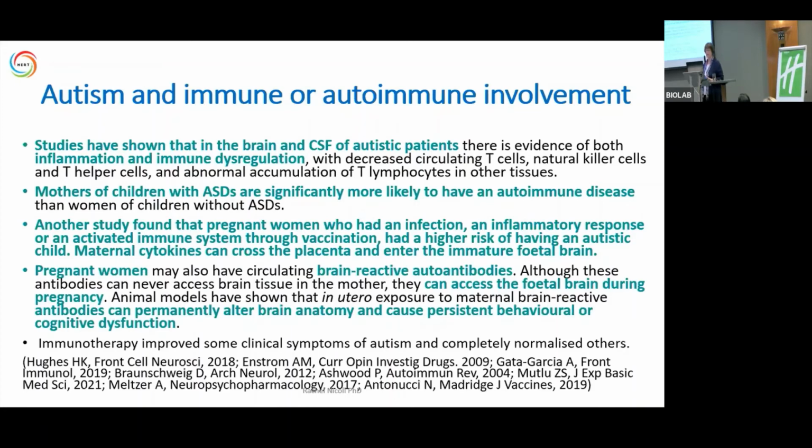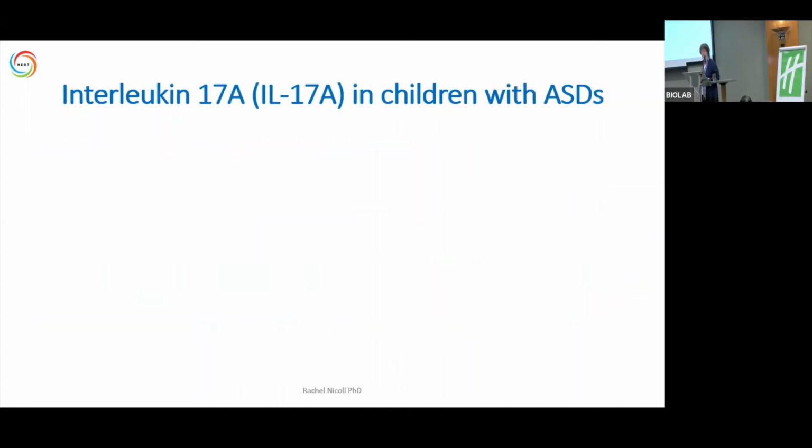Pregnant women can also have circulating brain-reactive autoantibodies. So these may not affect the mother, but again, they can access the fetal brain. And in animals, these have been shown to permanently alter brain anatomy and cause persistent behavioral or cognitive dysfunction. And the suspect cytokine, or culprit cytokine, I should probably call it, is interleukin 17A.